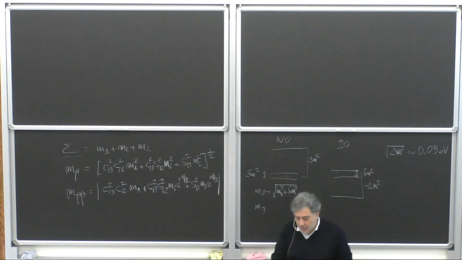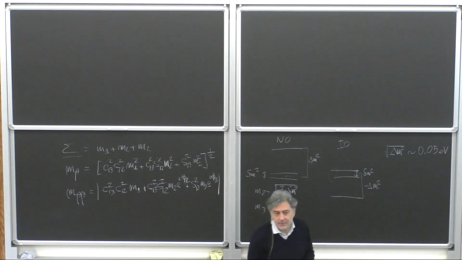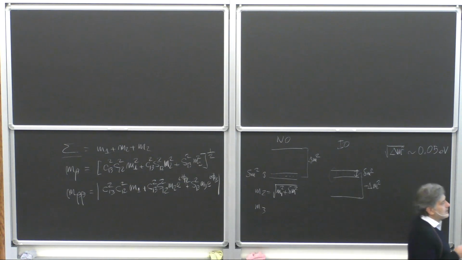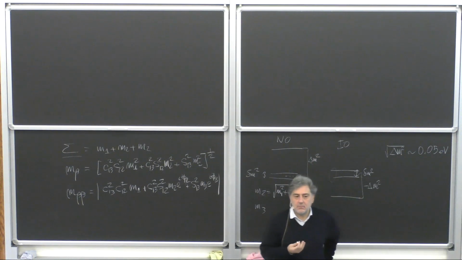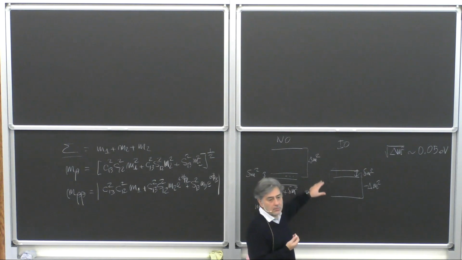Okay, now the final plot is this one. As I told you, this is important for model building to understand the form of the neutrino spectrum.